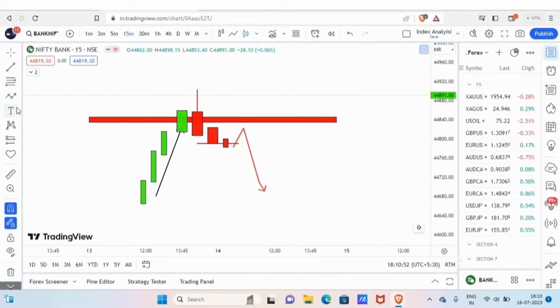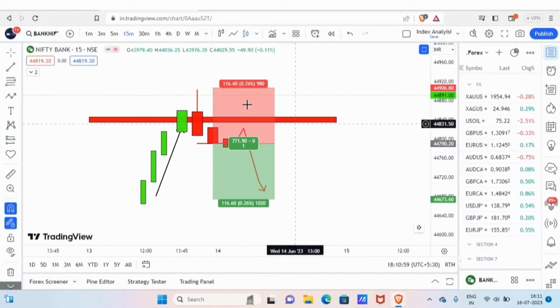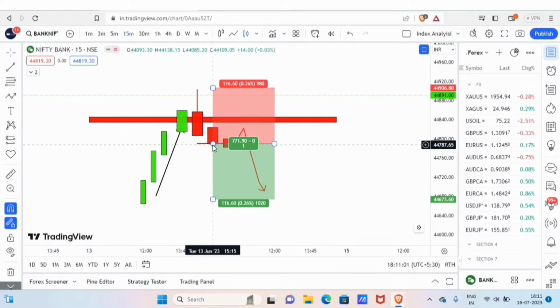In such a scenario, the most ideal target will be 1 is to 2 from the entry point. The entry point is nothing but at least 1 point below the low of the confirmation candle.